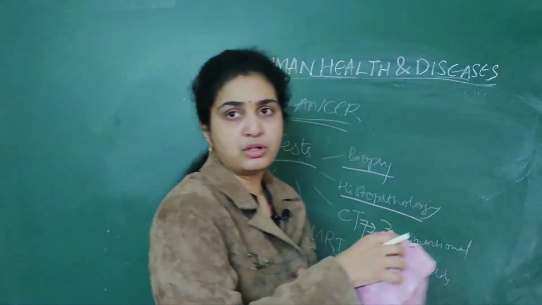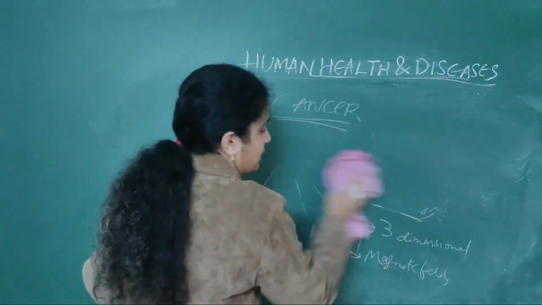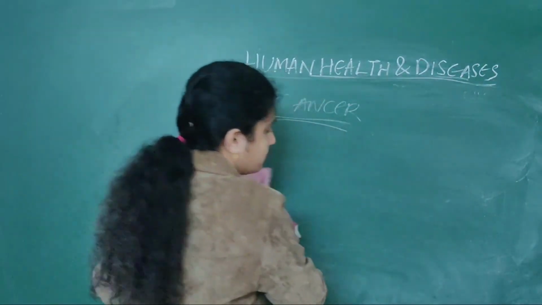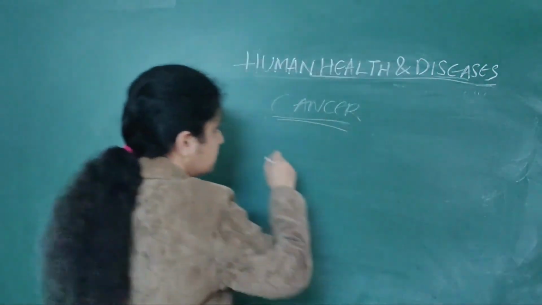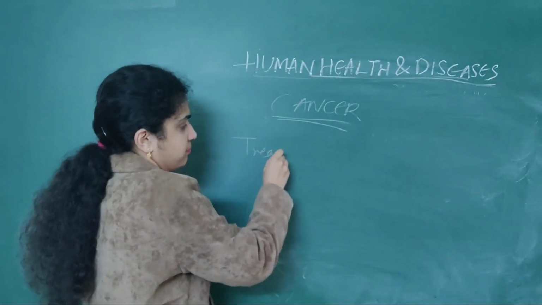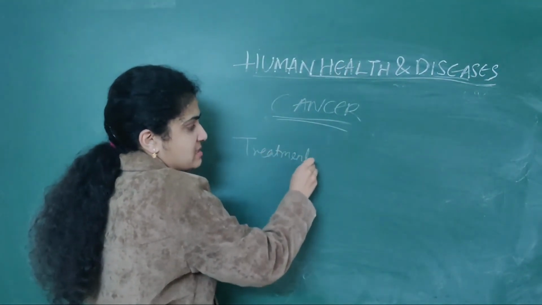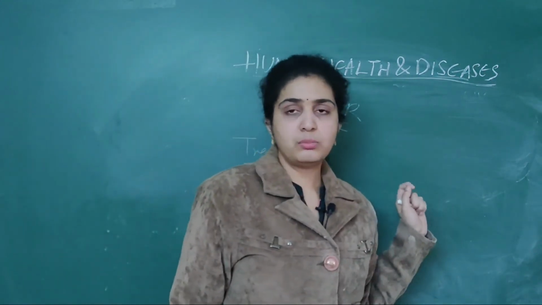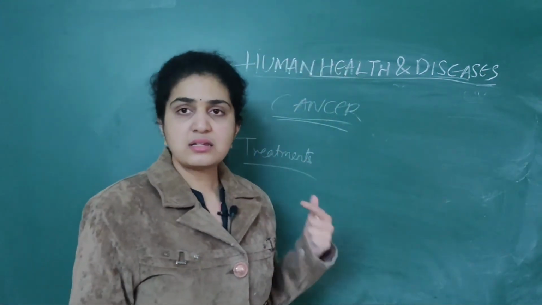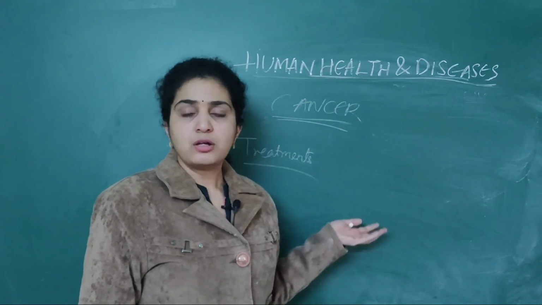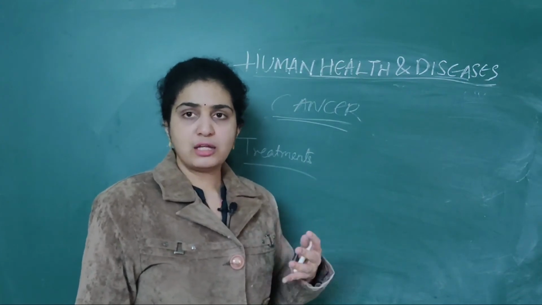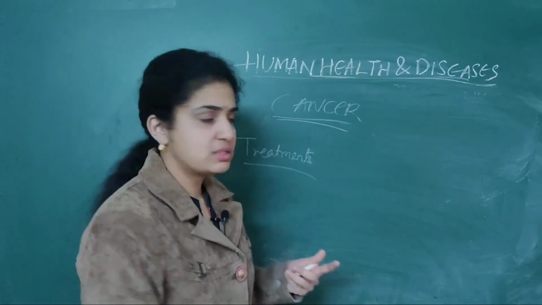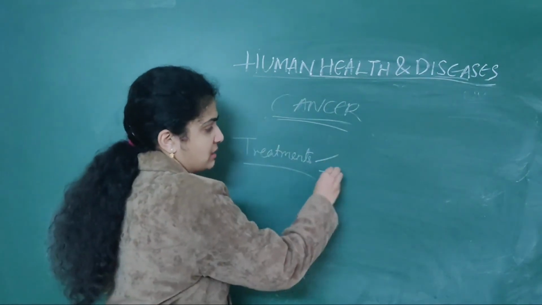Then we come to the treatment. What are the treatments associated with cancer? For cancer, there is actually a cure. For AIDS there is no cure, but for cancer, until the later stages, there is a cure. Normally, if you diagnose in the initial stages, a cure is possible.